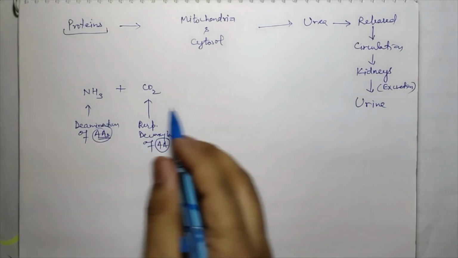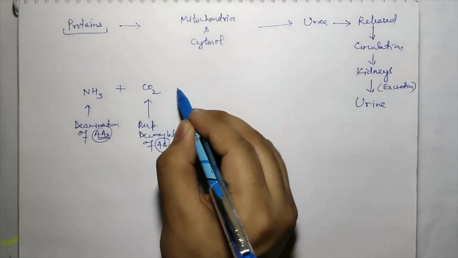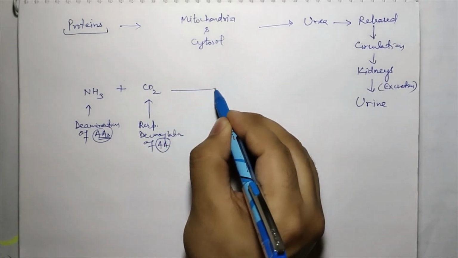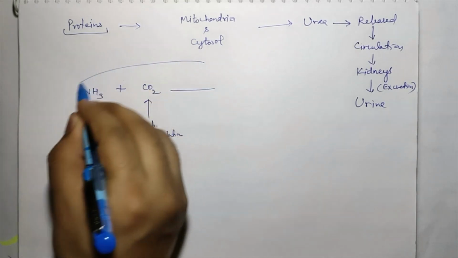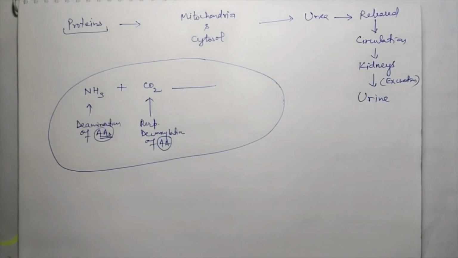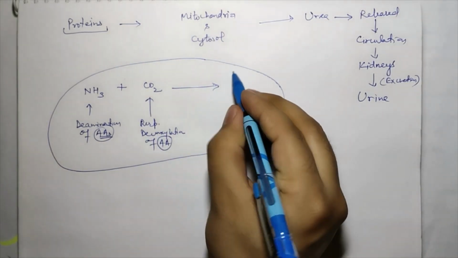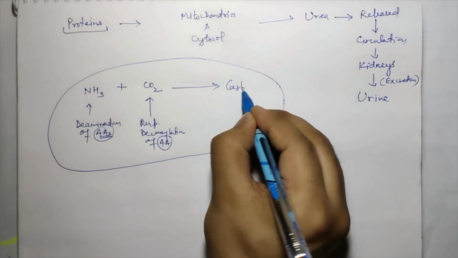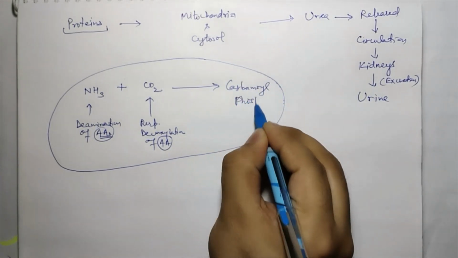Now these ammonia and carbon dioxide molecules are first formed inside the mitochondrial matrix, and here they are first converted into carbamoyl phosphate.